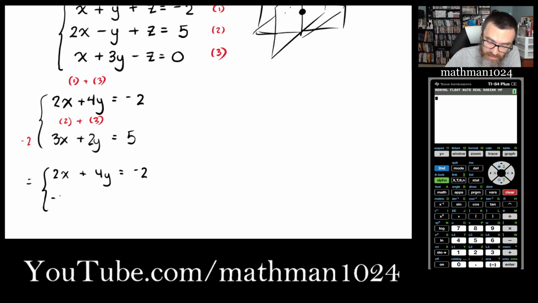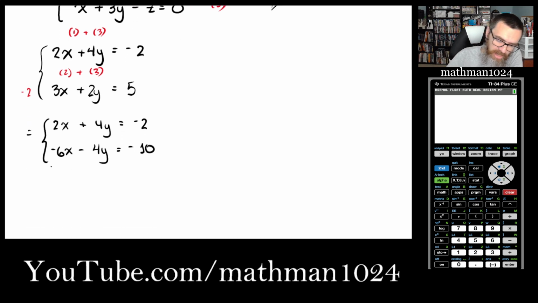Distribute the -2: -6x minus 4y equals -10. The y's cancel. We end up with -4x equals -12, since -2 and -10 is -12. Dividing both sides by -4 means x equals +3.